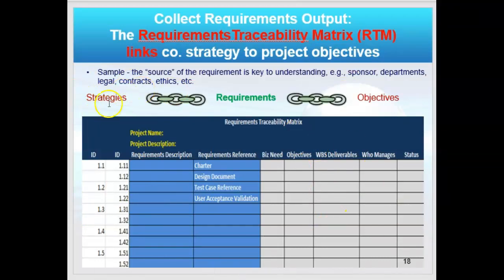And remember, it's linking the strategy to the overall objectives through these requirements. So I'm going to list the requirements here, and I'm going to write down why that's a requirement. Well, it was written in the charter, or it was written in the design document, or the government requires it as a regulation. Those are valid requirements for sure.